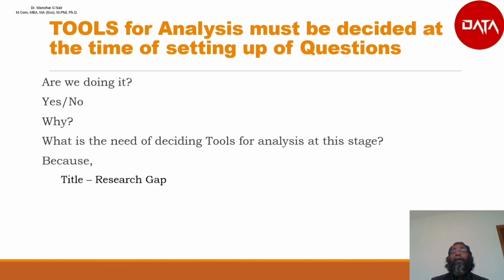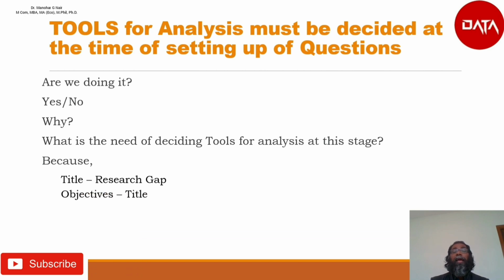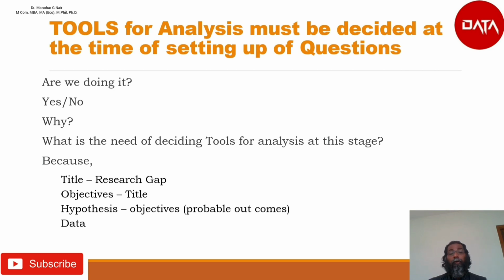Why? Because we decide the research title based on the research gap that we identified, and based on that research gap and the problem we have developed our research objectives, and based on the research objectives and the probable outcomes we have set up hypotheses, and the data should be collected to satisfy all these above mentioned things, and the results also should satisfy that need.